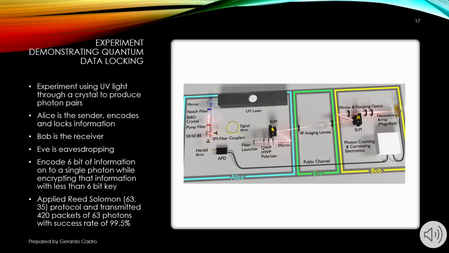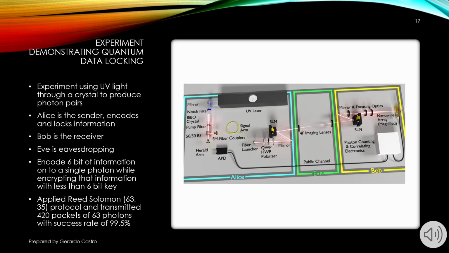Here I would like to demonstrate an experiment that shows how quantum data locking works. In this experiment, UV light was sent through a crystal to produce photon pairs. As you can see in the dashboard, we have Alice, Bob, and Eve. Alice is the sender and encodes and locks the information.